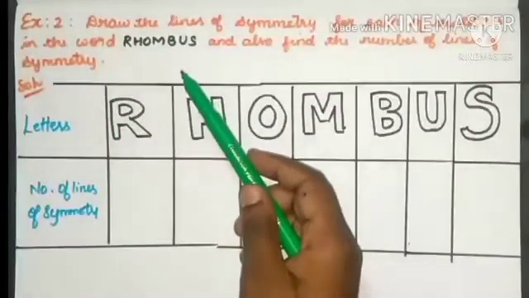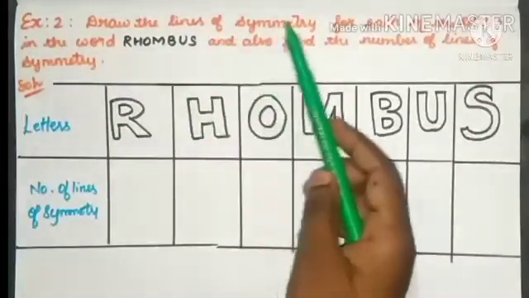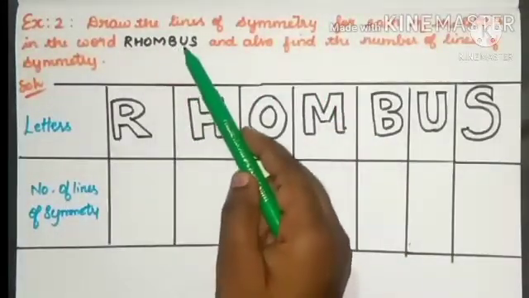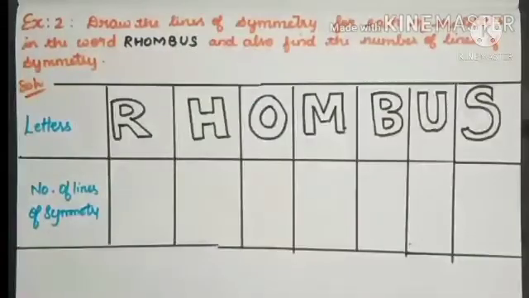Students, in this sum we are going to find the lines of symmetry for the letters R, H, O, M, B, U, S. Now let's recall what is meant by lines of symmetry.